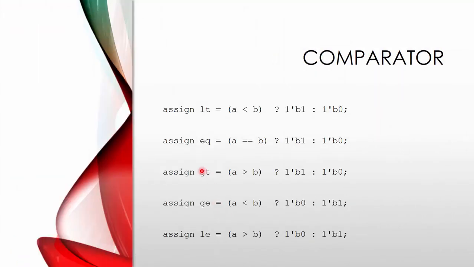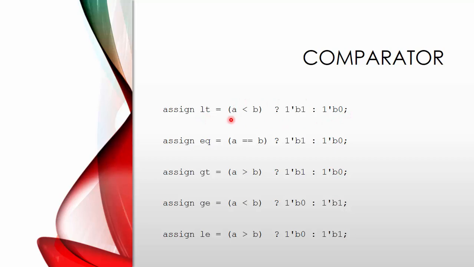Then how do we write the code for them? If we want it to be in pure wire or pure combinational, the preferred way to write it is using conditional operators like this.